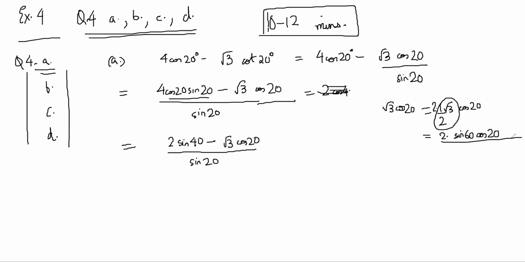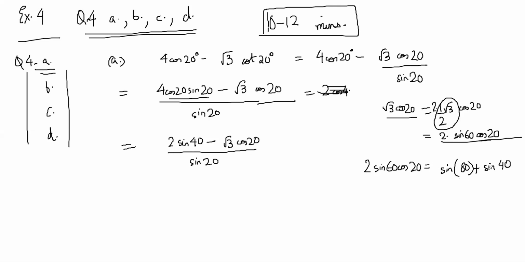So it can be written as 2 sine 60 cos 20, which can be written as sine of 80 plus sine of 40, because 60 plus 20 and 60 minus 20.